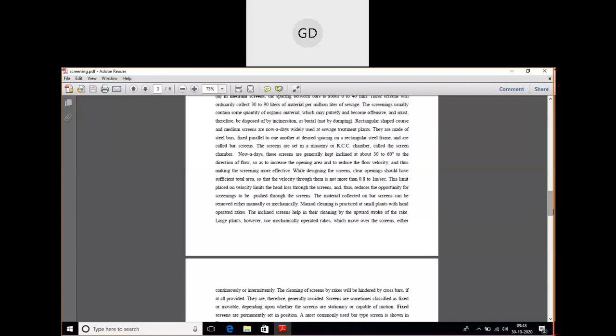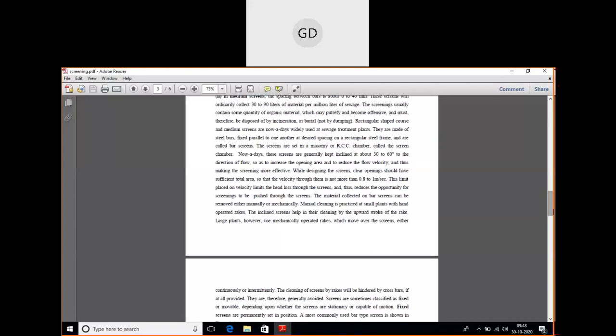These screens get clogged very often because their perforations are very small. So the chances of getting clogged are high, and they need frequent cleaning.